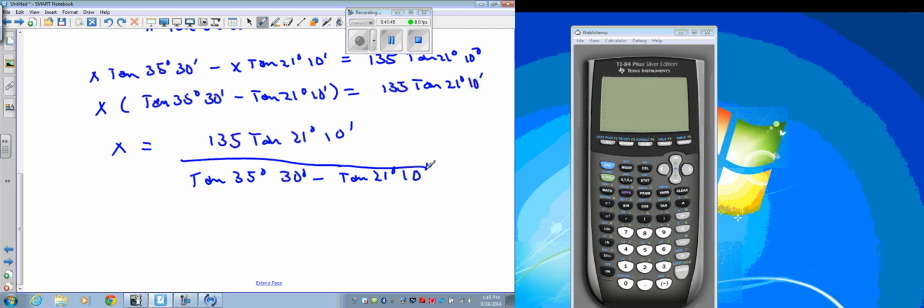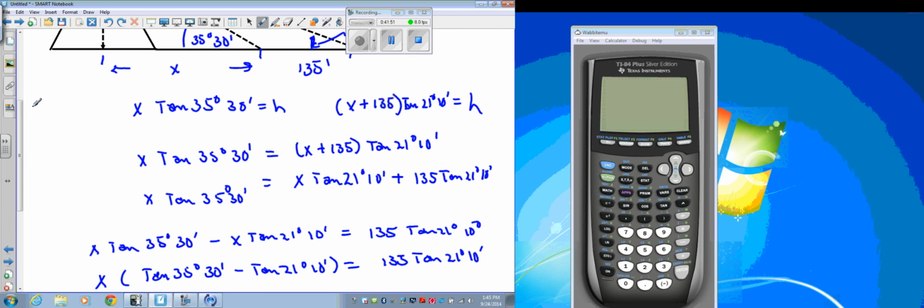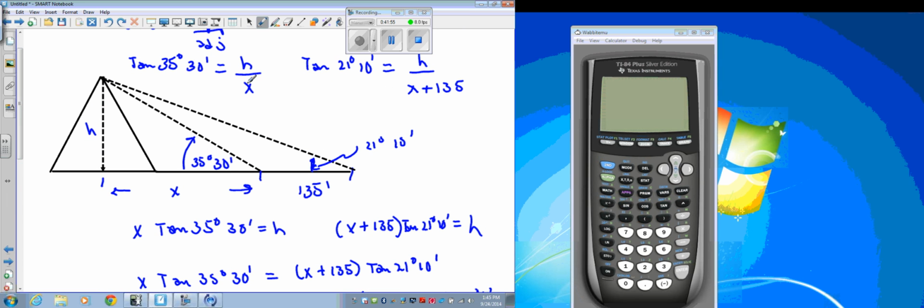Now don't do an intermediate step and calculate that. What you want to do is go back up here where it says the tangent of 35/30 equals h over x.